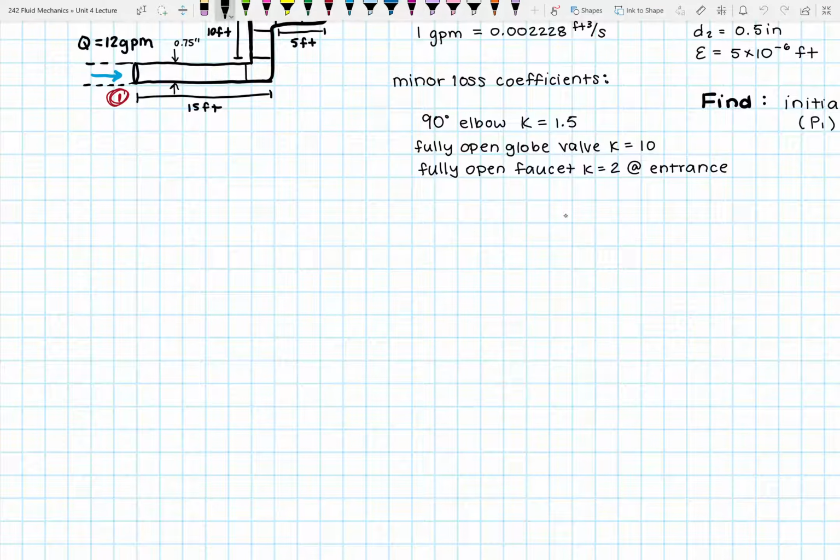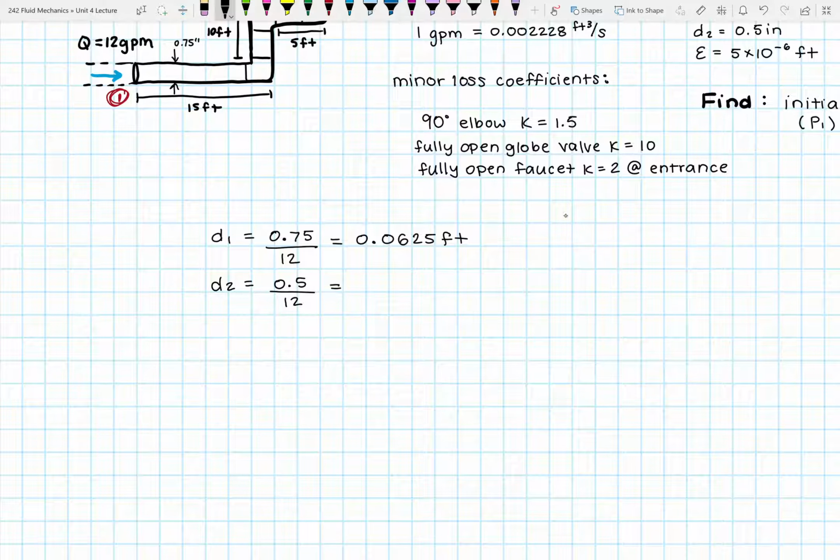First we want to switch the first diameter into feet, and we can do that by just dividing it by 12, and that will give you 0.0625 feet. And then we'll do the same for the other diameter, just divide that by 12, and that will give you 0.04167 feet. Okay, so that's great.